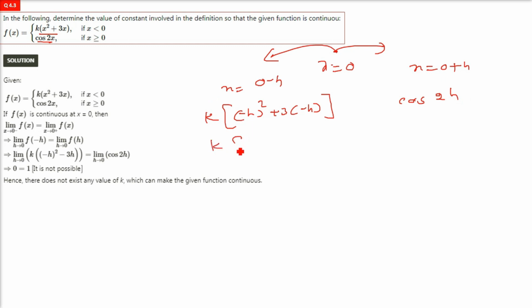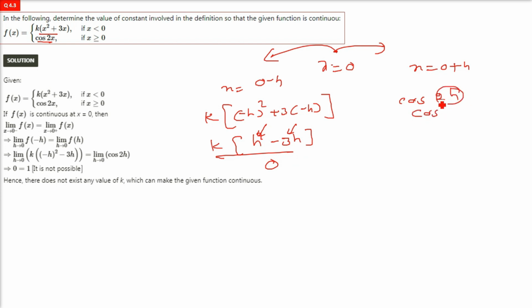Now since we have this h square plus minus 3h, we cannot get rid of this h anyway. Whatever you do, you have to put h as 0 when you apply the limit, and that is going to be 0 by itself. So the expression having k is becoming 0.